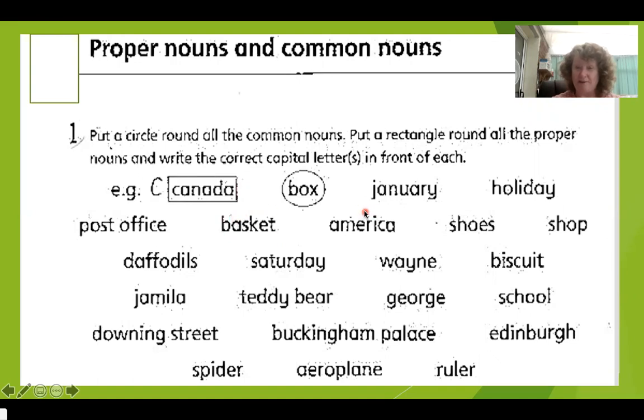Oh, America, it's the name of a country, so you would put a rectangle around that and a capital A here.